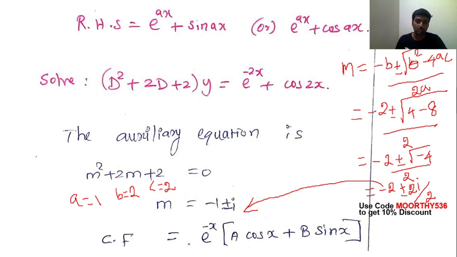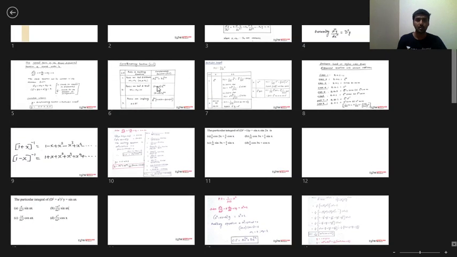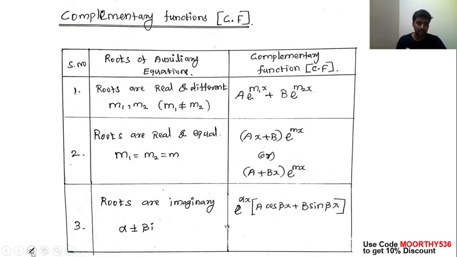If the root value is imaginary, then it's a complementary function. We had a discussion about the complementary function. When roots are imaginary, that is alpha plus or minus beta i category, then e power alpha x into a cos beta x plus b sin beta x.